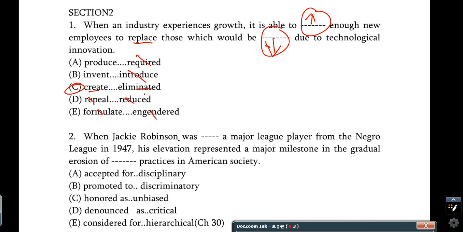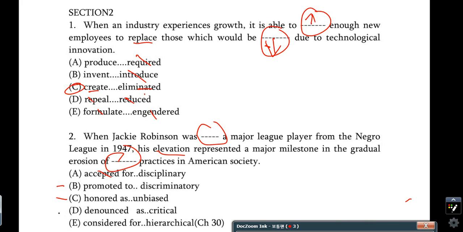Number 2, when Jackie Robinson was blanked a major league player from the Negro League in 1947, his elevation, or raising up, represented a major milestone in the gradual erosion of blank practices in American society. So he was accepted for a major league. That doesn't make sense grammatically. Promoted to a major league makes sense. He was honored as a major league player, possibly.